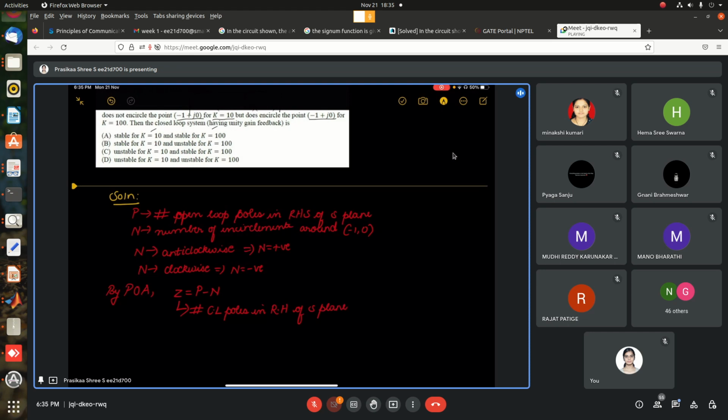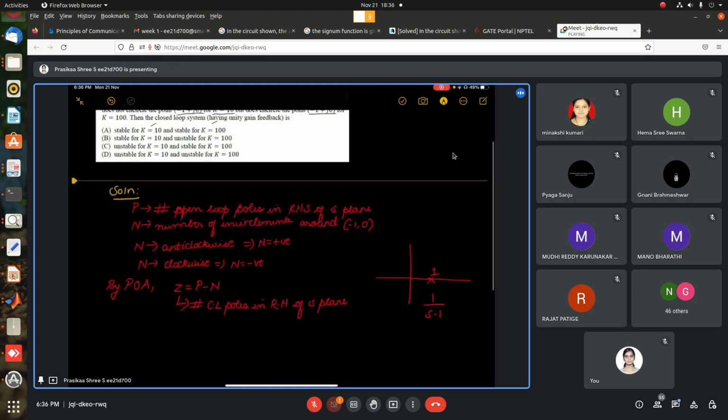So usually this Z should be equal to 0. Why? Because closed loop poles in the right half of S plane should be equal to 0. Why should they be equal to 0? When poles are present in the right half of S plane, say suppose you have a pole here.